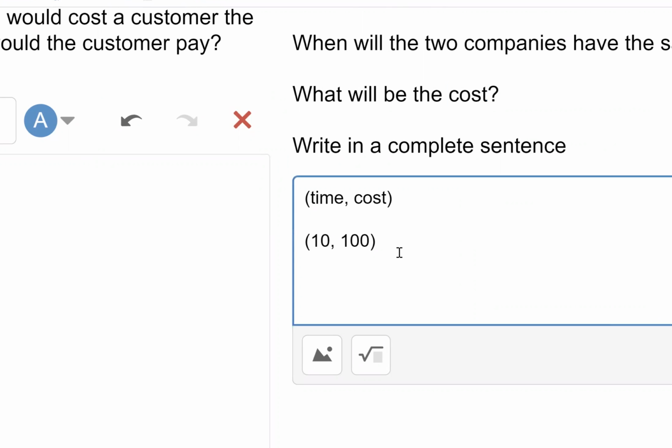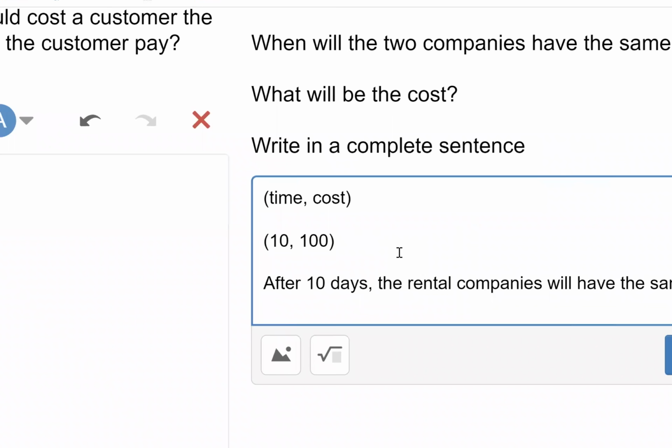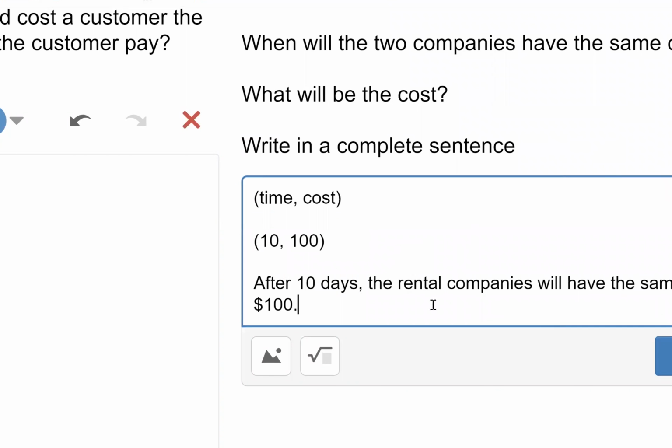So what does the 10 and the 100 really stand for? Yeah, you guys can just say it. Yeah, so after 10 days, the rental companies will have the same cost of $100.